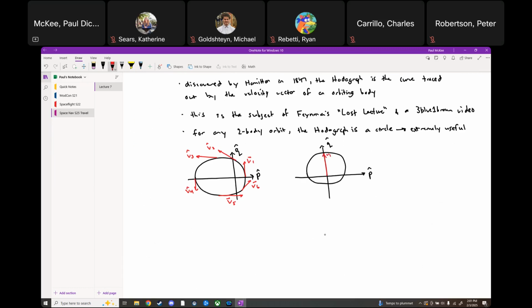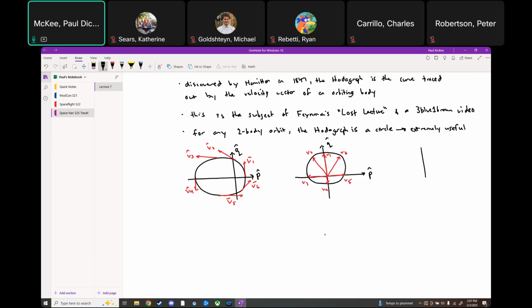And then you'd have some other velocity over here, call this V2. And then you'd have some other velocity over here, V3. And then maybe this is V4. And then this is V5. And then this is V6. Right? The velocities all trace out this circle, which is not necessarily centered at the origin.